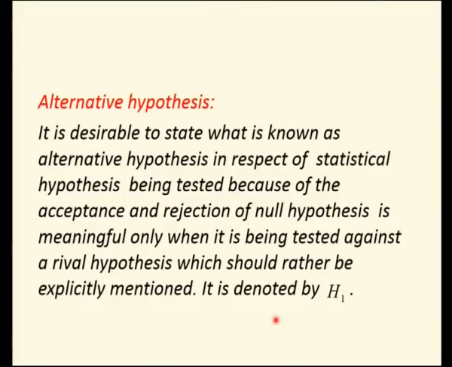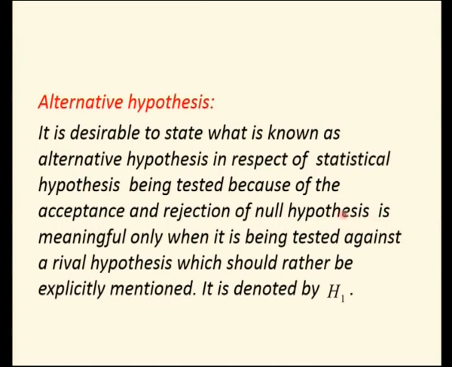Alternative hypothesis. So, whatever statement we have created, we have all the right either to reject or accept. Hence, we have a definition called an alternative hypothesis. So, it is desirable to state what is known as an alternative hypothesis in respect of the statistical hypothesis being tested because of the acceptance and the rejections of the null hypothesis.